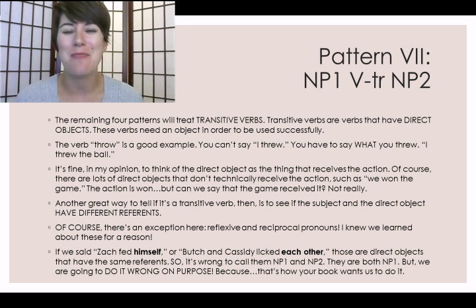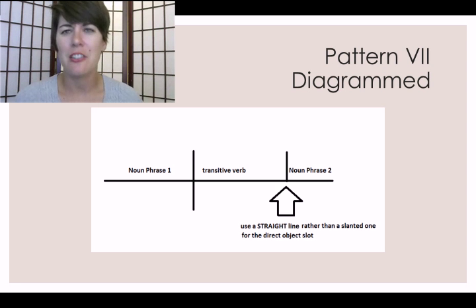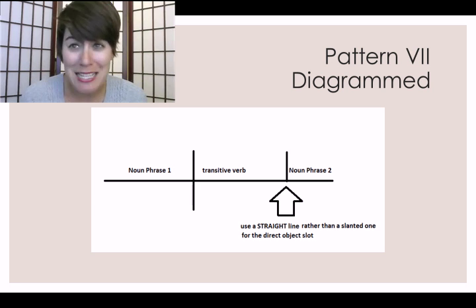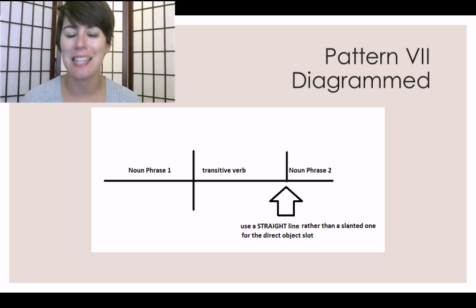Let's take a look at the pattern 7 diagram. I think you're going to like this. Here it is. We have noun phrase 1 as the subject. Transitive verb is the predicating verb, separated from the subject by a line that bisects the main line. And then in the direct object slot, we have NP2. You'll notice that there is a straight line, not a slanted one.